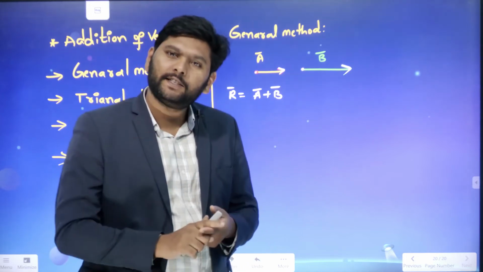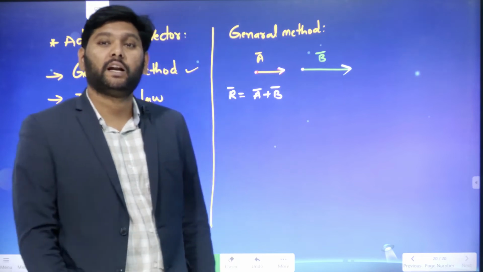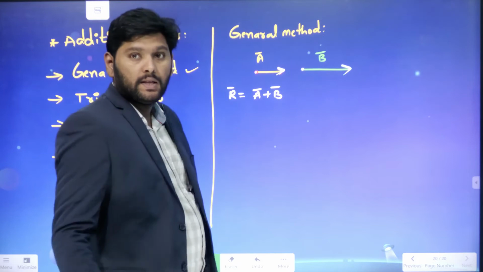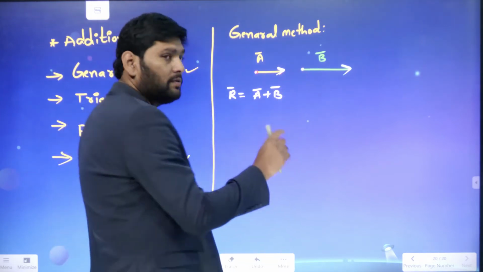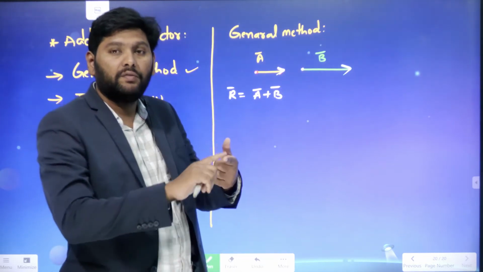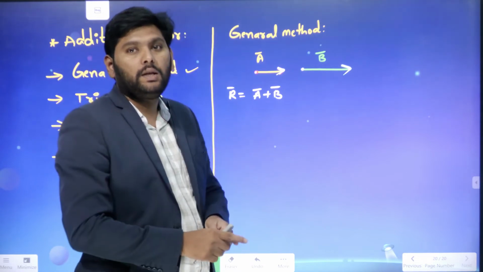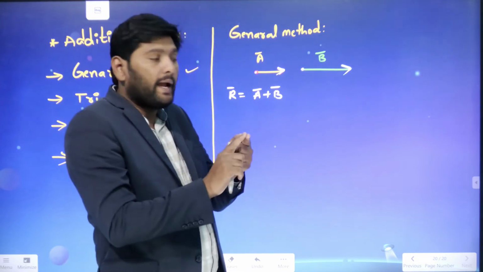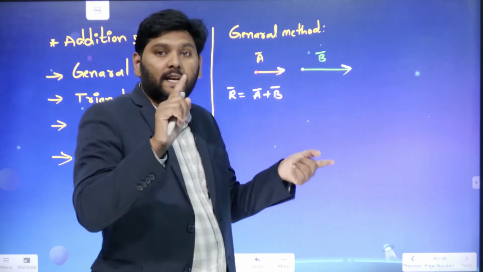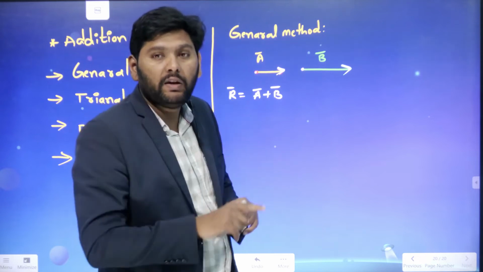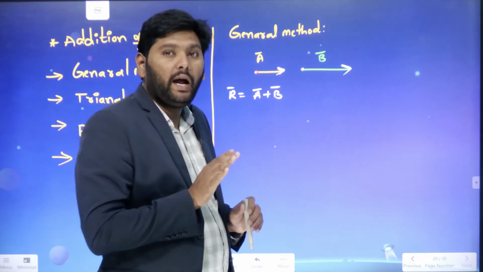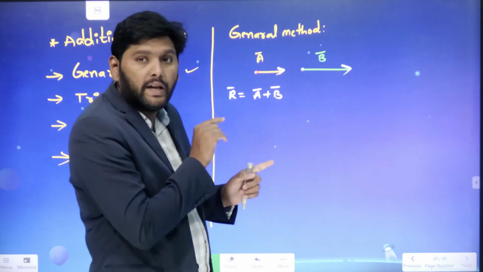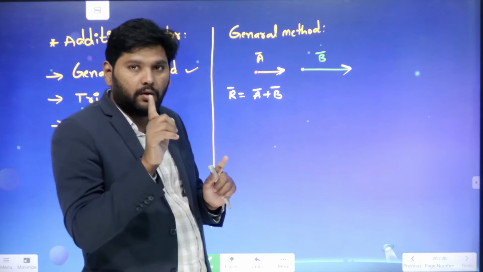The first vector's head is this, the second vector's tail is this. The total length will give the addition of the vectors, and the direction will give the direction.